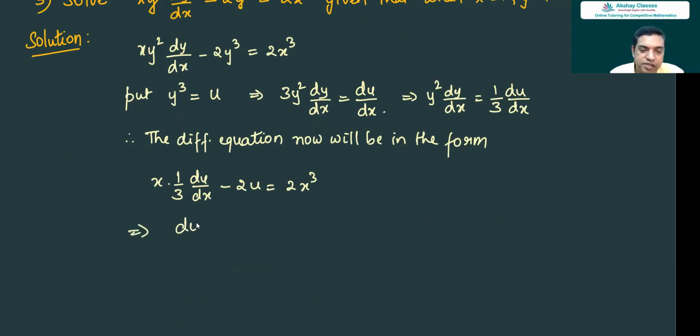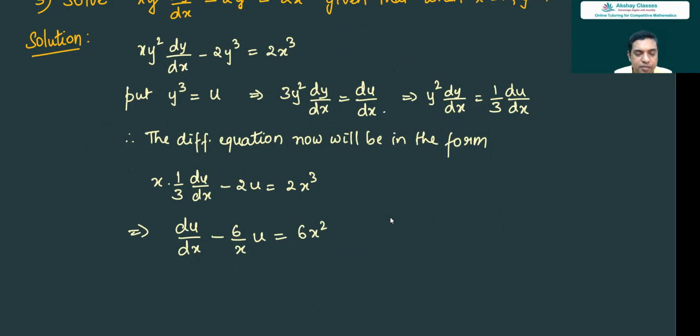This implies du by dx minus 6 upon x times u is equal to 6x square.